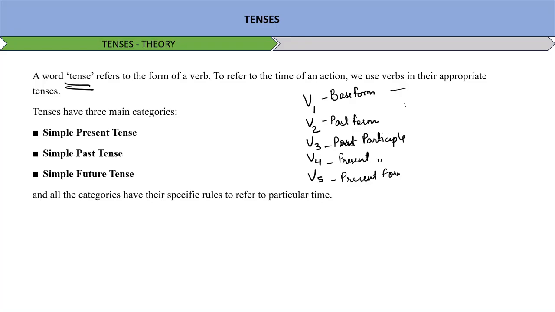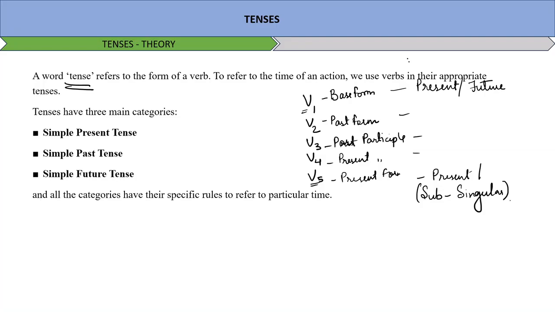But if I talk about tenses, V1 and V5 are used in present tense, whereas V1 is also used in future tense. Now, how will I decide which one to use, when to use V1 and when to use V5? If your subject is singular, you will use the fifth form.